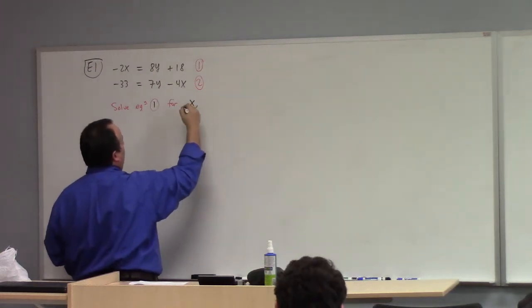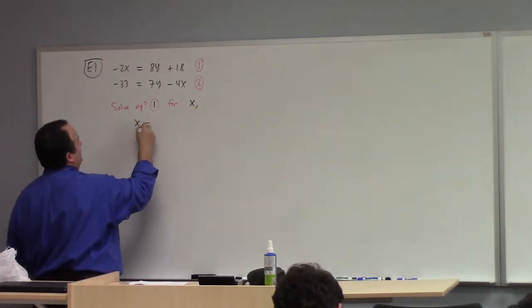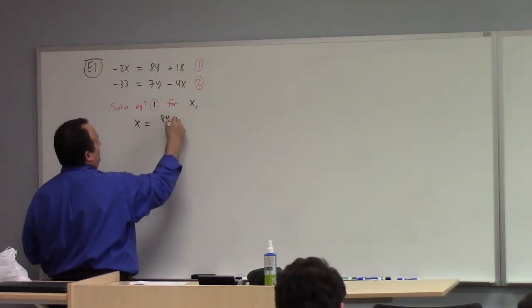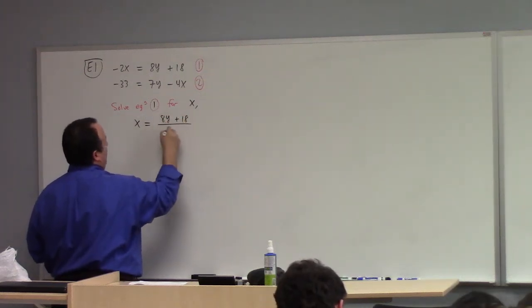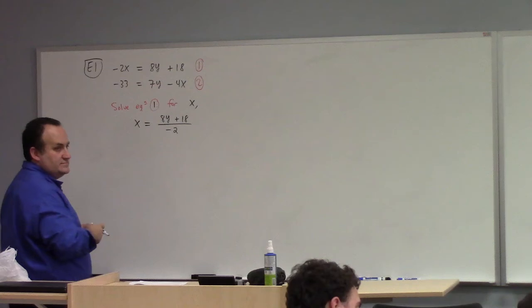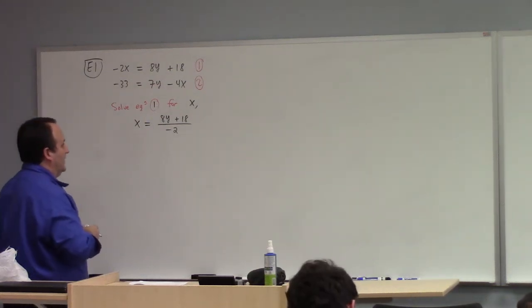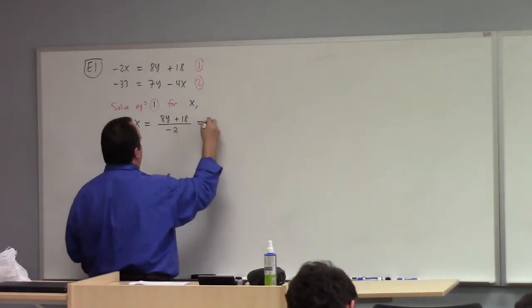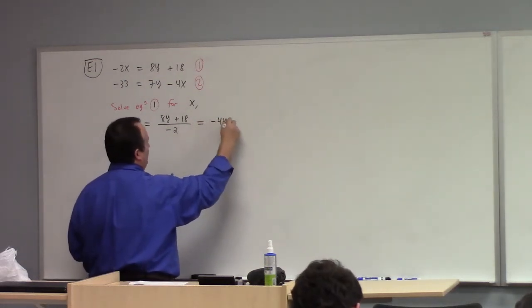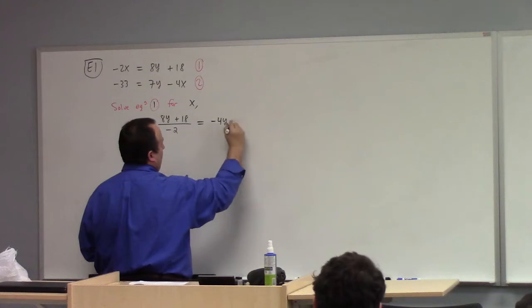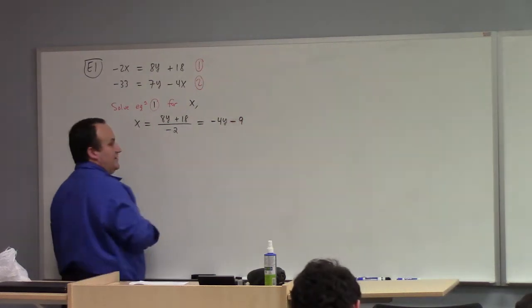All right, fine. x is equal to 8y plus 18 divided by minus 2, which is minus 4y minus 9, right? Yes. Okay, great. Now what?